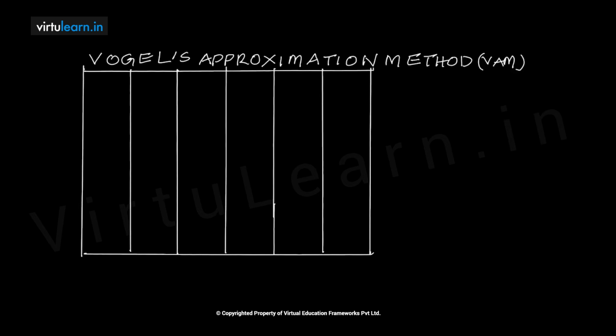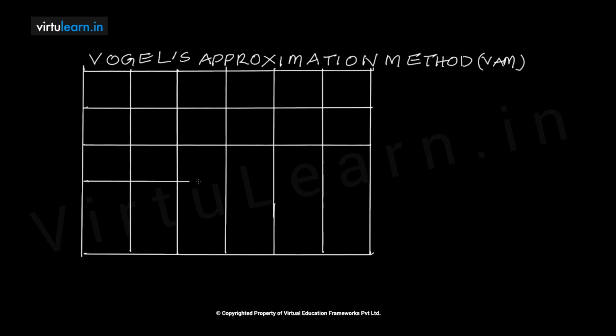Actually what this row penalty indicates and what this column penalty indicates is the penalty which we are going to bear, or the cost we are going to pay extra if we don't choose the least cost in that particular row or column. That is what the row penalty or column penalty indicates.